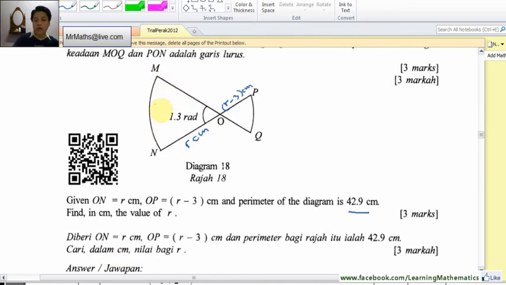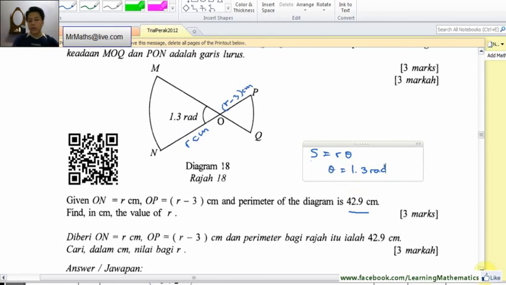So MN is equal to, remember this, s is equal to r theta. Theta is, in this case, 1.3 radian. So let's just use that to find arc length MN is equal to r theta, and theta is 1.3 radian.